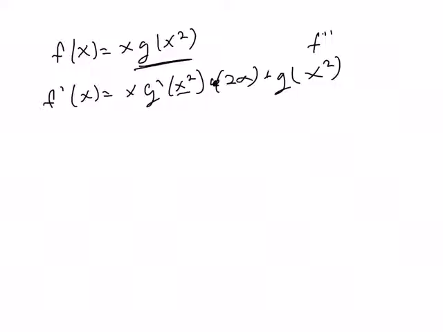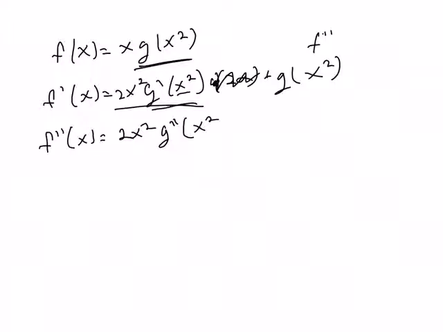So that's f prime. So f double prime of x is going to give us, okay, so the x's can combine, so I can get 2x squared over here and get rid of that. So it's going to be 2x squared times the derivative of g prime, so it's going to be g double prime of x squared times the derivative of x squared, which is 2x, plus, and now I'm going to take this times the derivative of that, so it's g prime of x squared.